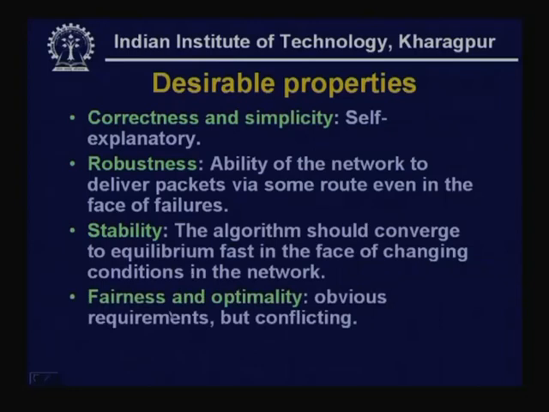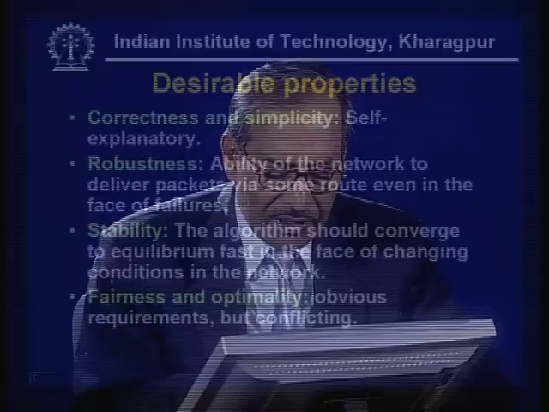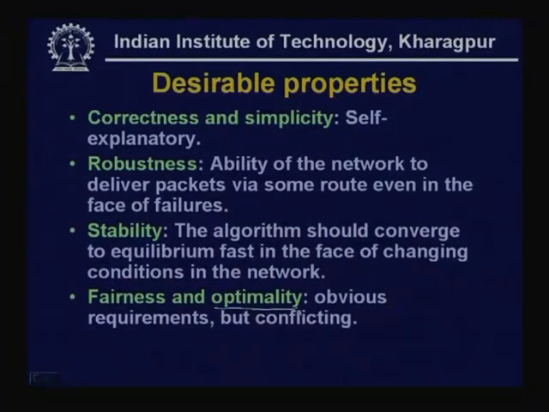Finally, comes the fairness and optimality. What is desired is each and every station should have equal right for getting a particular route for delivering their packets. But because of optimal routing, it may be necessary that some packets from a particular station are given some priority.